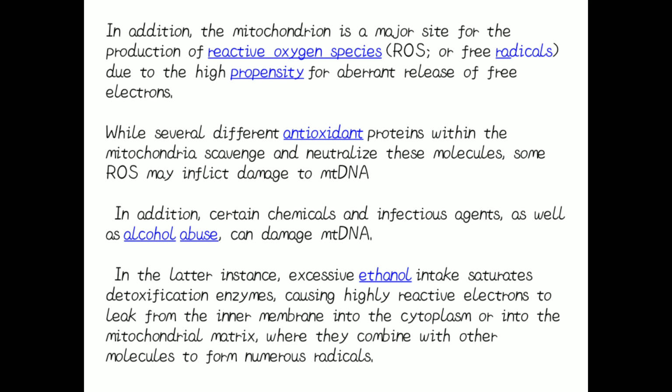We have studied the functions of mitochondria, but here is another unique function we are going to discuss. This mitochondria produces reactive oxygen species, or what we call free radicals, due to a high propensity for the aberrant release of free electrons.